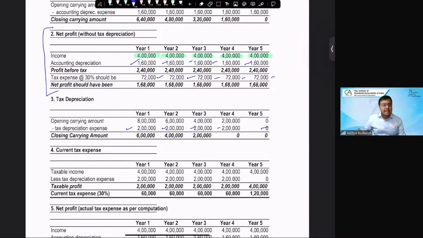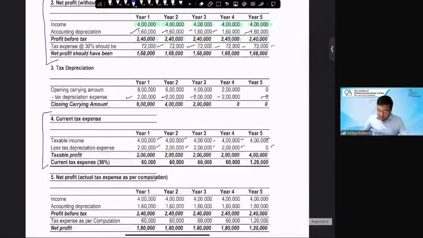So in reality, your tax expense looks something like this. 4 lakhs per annum, 2 lakhs depreciation for the first 4 years, and in the 5th year, it will be zero. So your tax expense will be 60,000 for the first 4 years, and in the 5th year, it will be 1,20,000. Are we okay with this calculation?